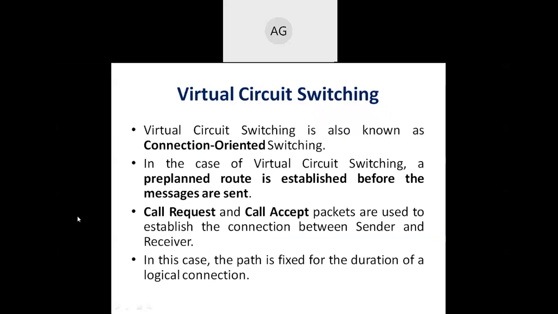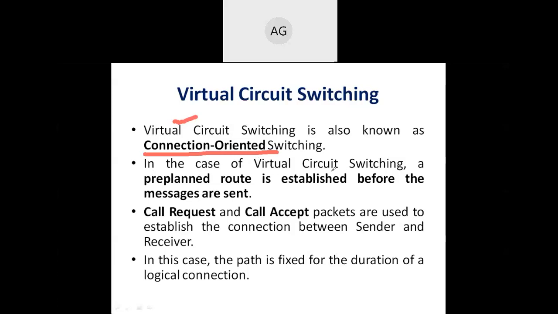The next popular approach of packet switching is virtual circuit switching. Virtual circuit switching is also known as connection oriented switching. So just remember that virtual circuit switching follows connection oriented switching, and datagram switching is known as connectionless switching.